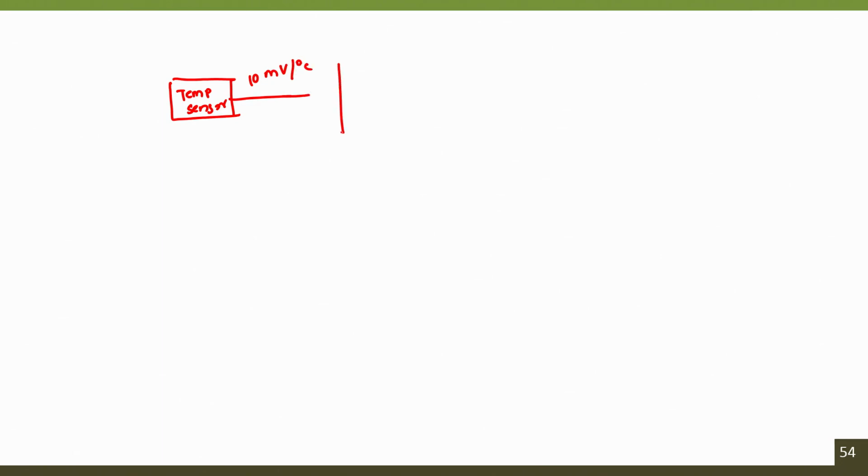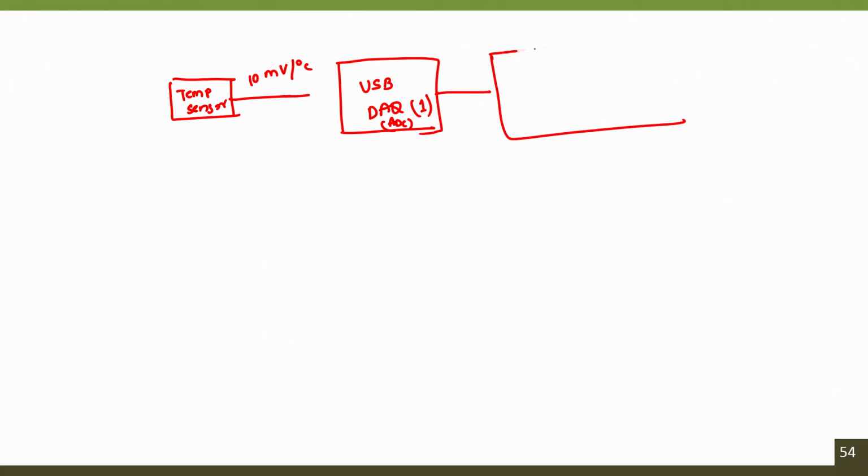This I will directly interface to the USB DAC with a gain of 1, which has an onboard ADC, and we use LabVIEW software to display the temperature values. When the gain is 1, we will see what resolution we are going to get.